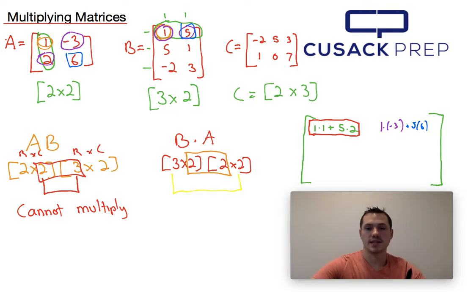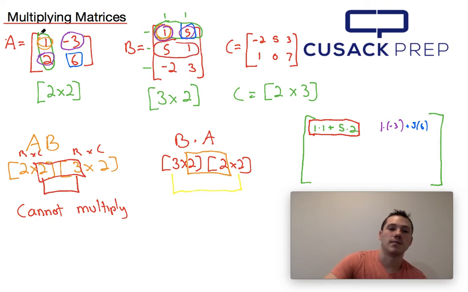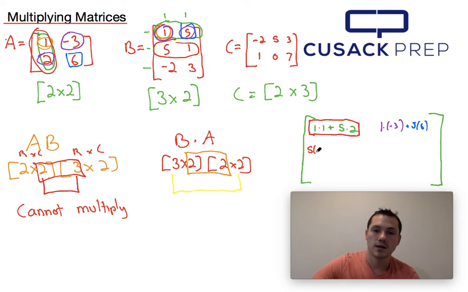Moving on, let's say I want to get row 2, column 1. So it's my second row down, but my first column. I multiply row 2 by column 1. In this case, 5 times 1 plus 2 times 1.